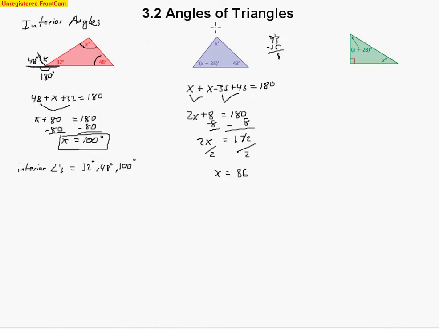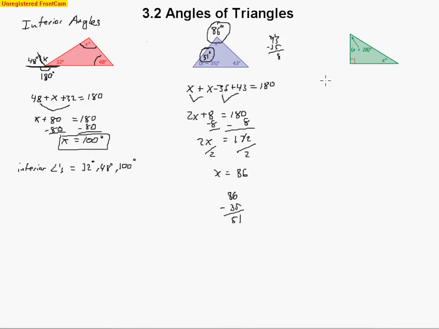That's going to be this angle up here inside the triangle. Then for this other angle, I just have to subtract that 35 degrees from 86. When I do that subtraction, it leaves me with 51 degrees. So this angle inside here is 51 degrees. And then I have the 43 degree angle as well as the interior angles.